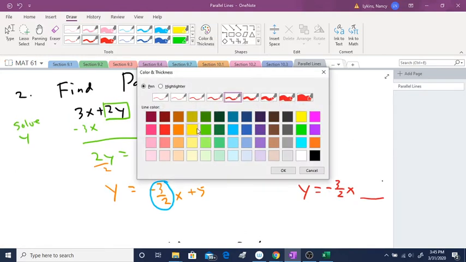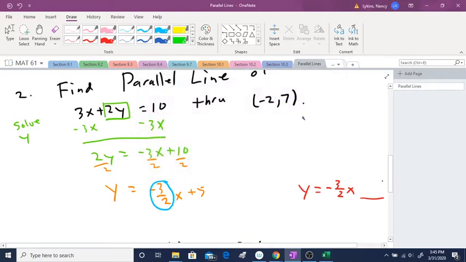Okay, so I'm going to take my y equals mx plus b form. My y is 7. My m is -3/2. My x in this case is -2 plus b. So I've got 7 equals, 2 negatives make a positive, so 3 times 2, which is 6, divided by 2, that gives me 3 plus b.